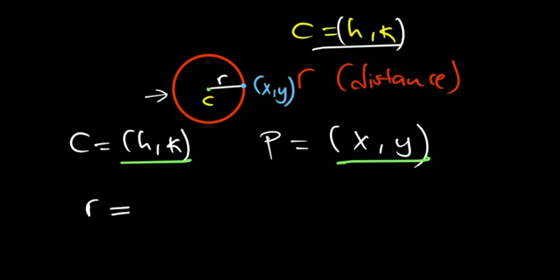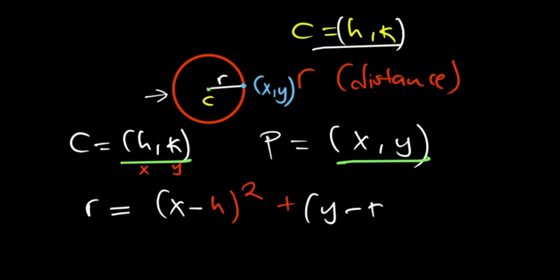So you start with x minus, so in terms of our center, remember your h is representing x, your k is y, so that would be x minus h squared plus y minus k squared. We understand we're supposed to have a square root to that. Okay, and there we are.